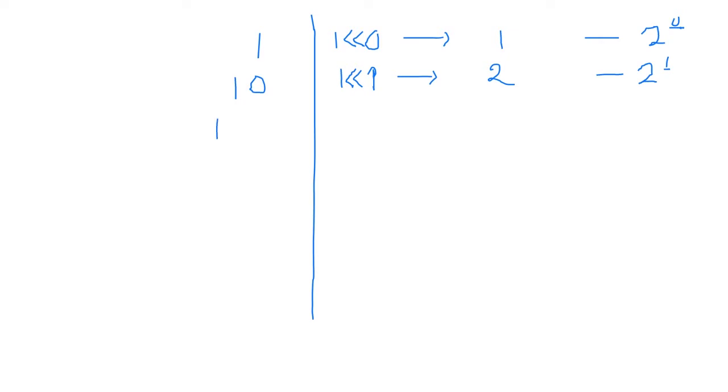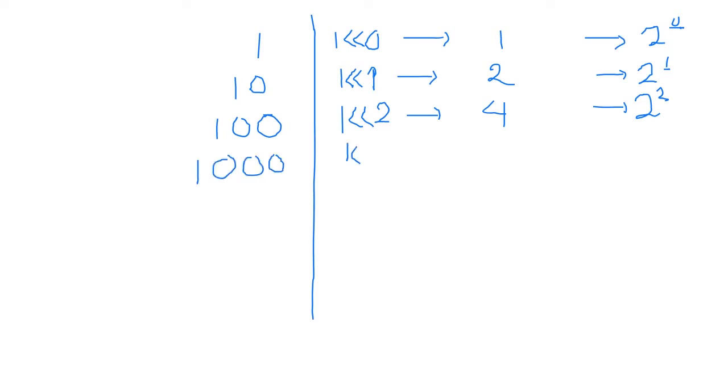If we shift it 2 bits, so 1 to bit 2, the value becomes 4, which is 2 to the power 2. Same way, it becomes 8 when we shift it 3 times, or by 3 bits.